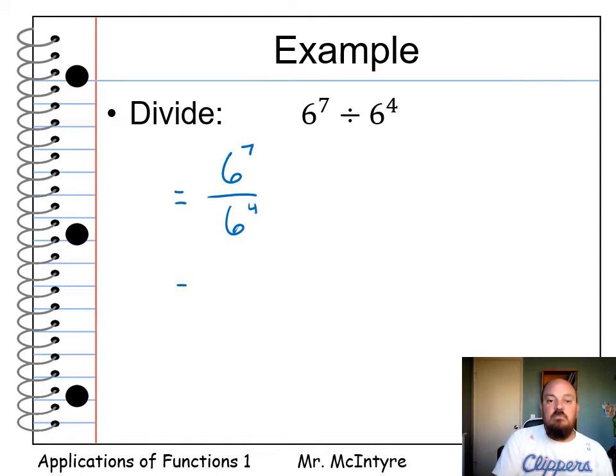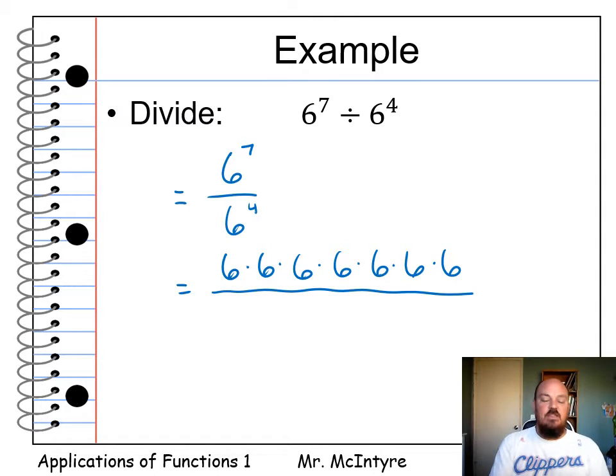So 6 to the 7th power would be 1, 2, 3, 4, 5, 6, 7 6's, all being multiplied together. And in the denominator, you have 6 to the 4th power. That would be 1, 2, 3, 4 6's. Now, because we have a fraction and we have a whole bunch of like terms, it's all 6's, we can start canceling.